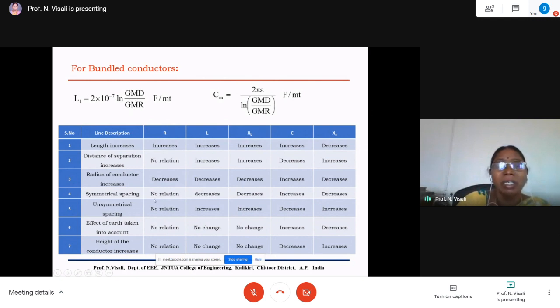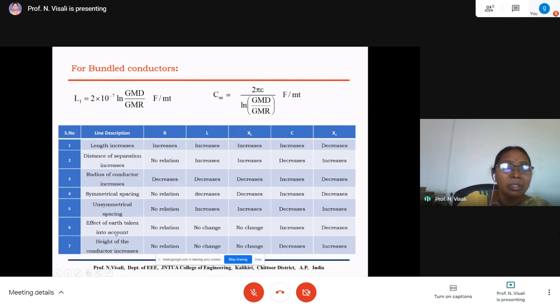The capacitance increases, inverse relationship. Then unsymmetrical spacing: resistance will not have any relation, but the geometric mean distance will vary, so the inductance increases, and the capacitance decreases.